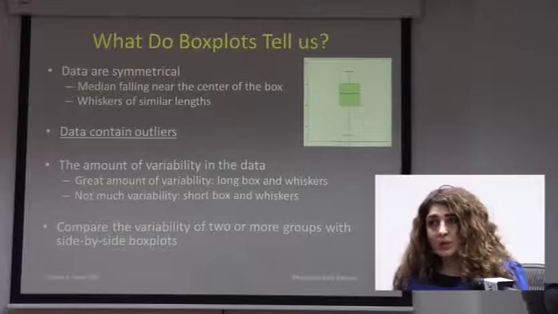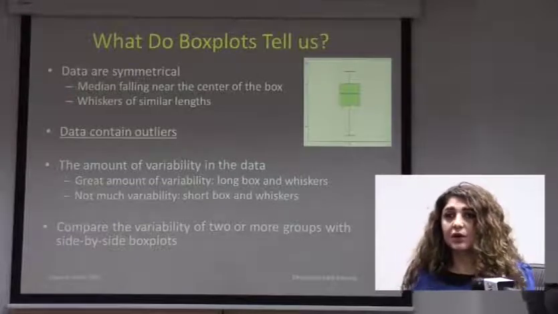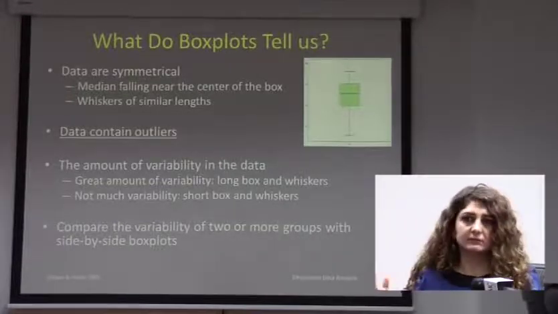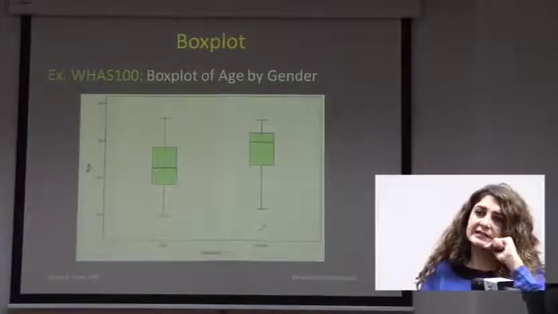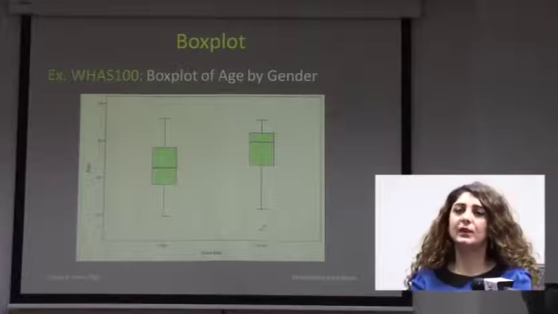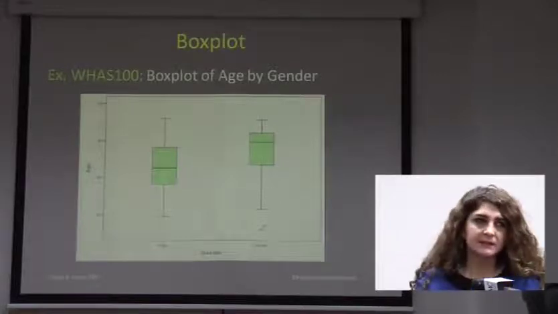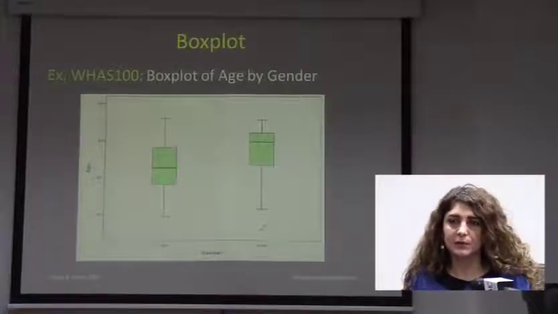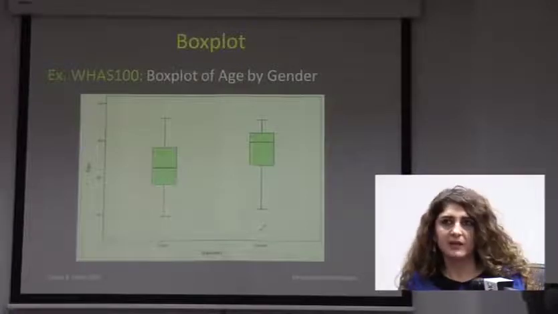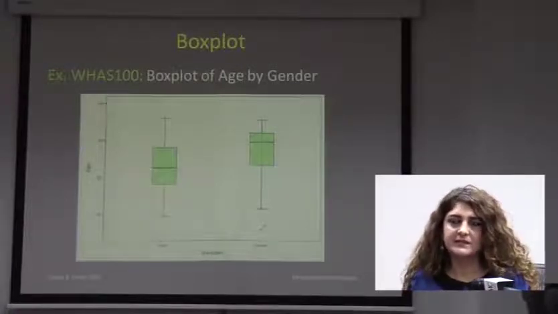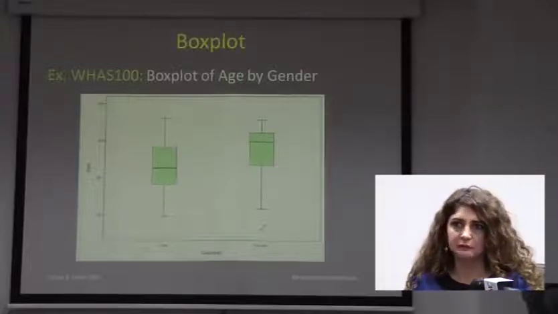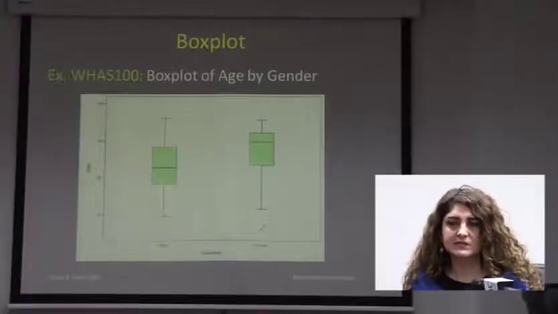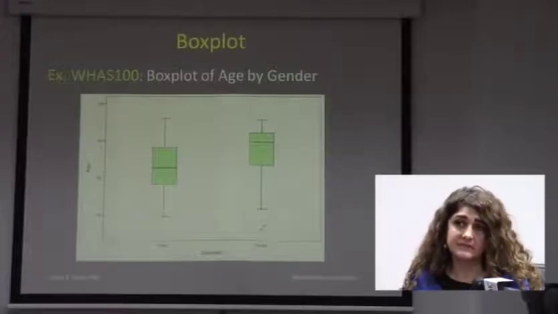One of the uses of a box plot is to compare variability. And to do this, we do side-by-side box plots. If I look, for example, at these 2 box plots, it's the box plot of age for males, and next to it, a box plot of age for females. First, I see that both are not symmetrical, with more skew for females. For females, the lower whisker is much longer than the other, same for the box.